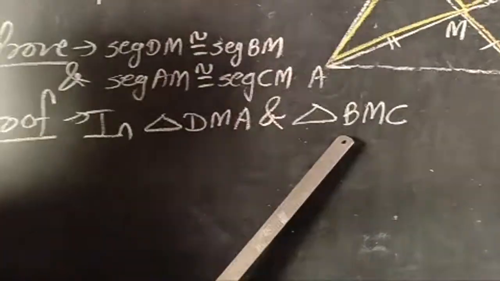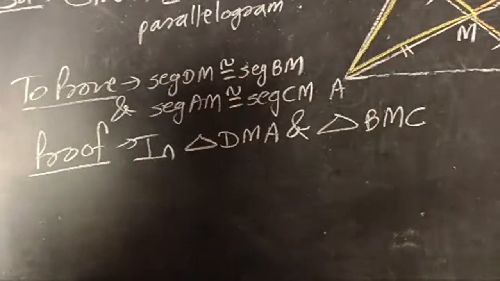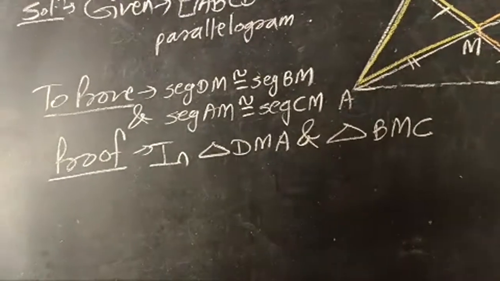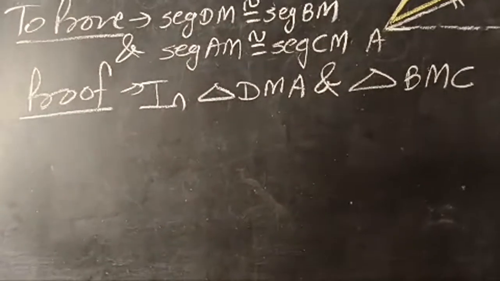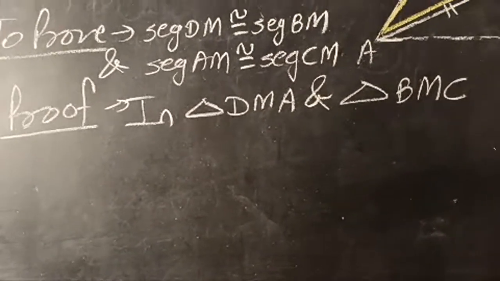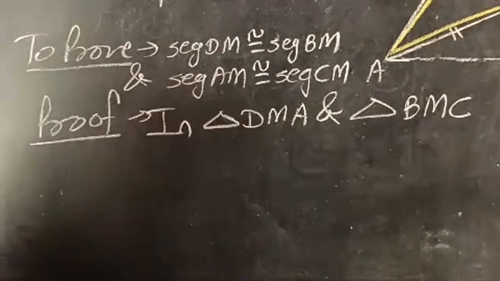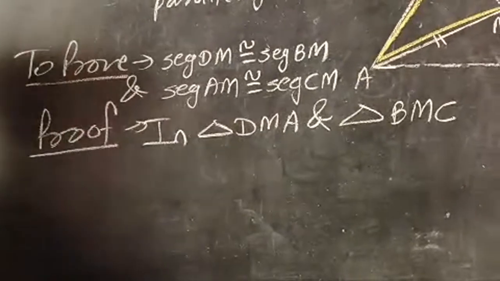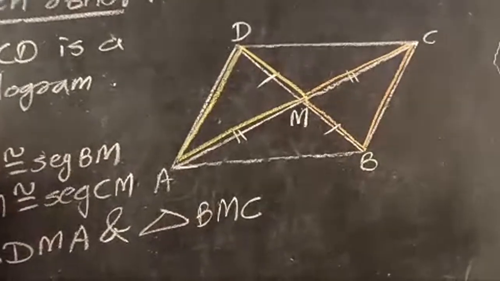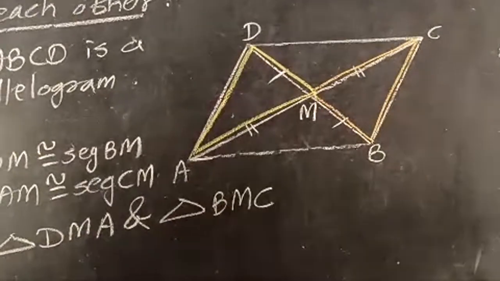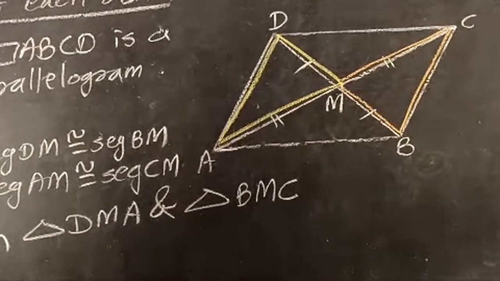In two triangles, how many conditions are essential for showing congruency? Good. Three conditions are essential. Tell the first condition. Angle. Alternate angles. Good answer. Which are the alternate angles? Angle AMD.